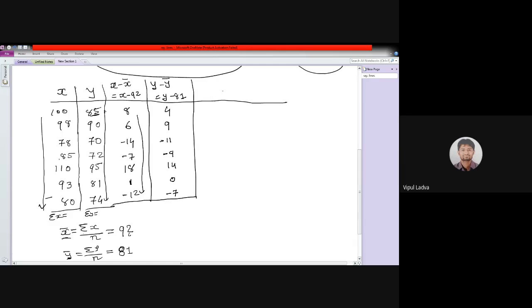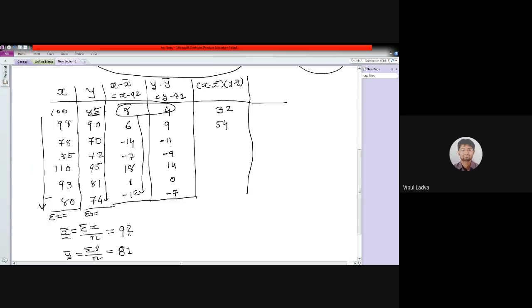What we are looking for is its multiplication. So in the next column, we will go for x minus x bar into y minus y bar. We need to multiply the respective values in both columns. So 8 into 4 leads to 32. 6 into 9 will be 54.